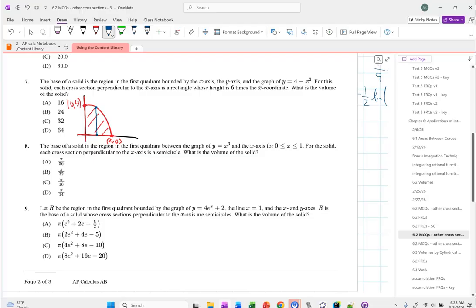Is that good? Okay. So the area of the rectangle is base times height, right? Everybody's okay with that? Okay. This is base.